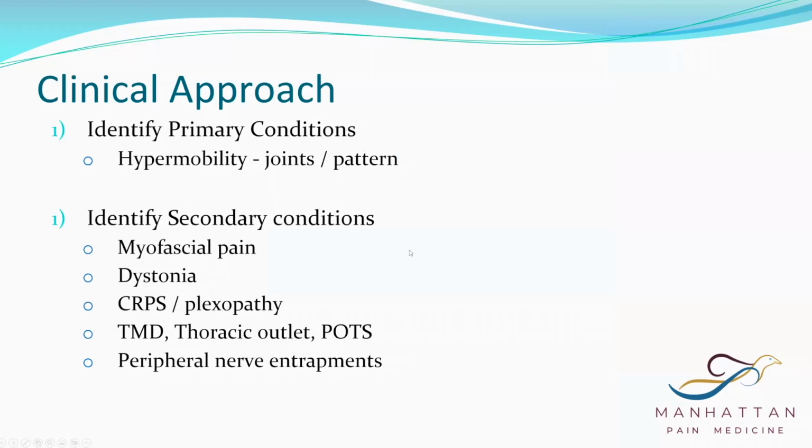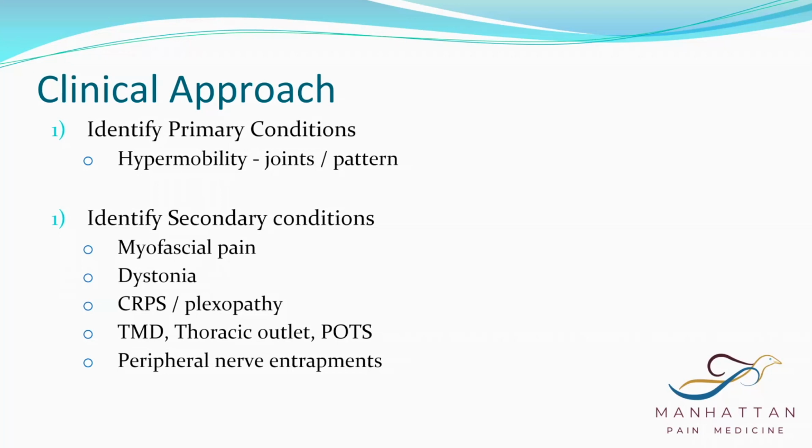Our approach to EDS and hypermobility spectrum disorder starts with identifying the primary conditions. Often people come in with pain as a complaint or dysfunction of a part of their body as a complaint. But we have to figure out why that's actually happening, the chain of events that led to it happening, and the chain of events downstream from that happening.